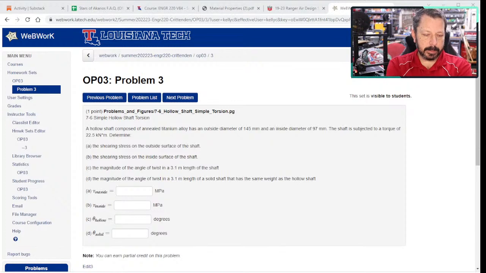That's interesting because it'll show us something about why you might sometimes want a solid shaft versus a hollow shaft. It's not asking us to do the shear stress any differently, but it is asking us to do the angle of twist differently.